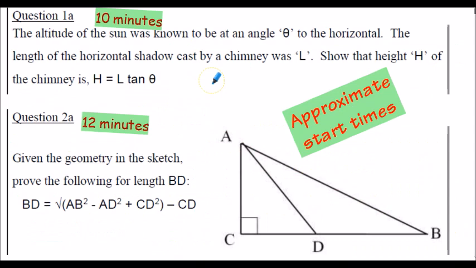And here for your further information are the first 6 questions contained within the presentation that include full worked solutions. So if you want to skip to question 1a and question 2a, here are the approximate start times for these questions.